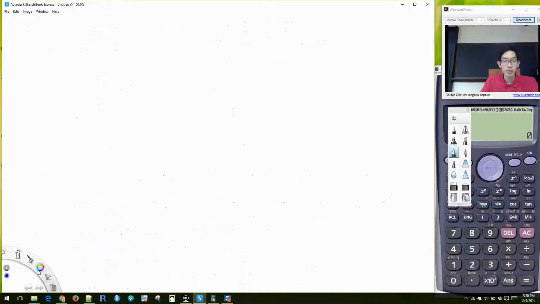Okay, so example 2. Population 1 will still be male, and population 2 female. But this time we are measuring IQ.